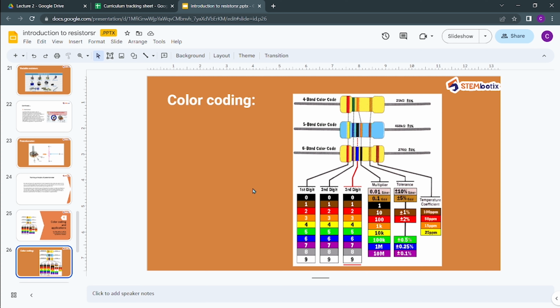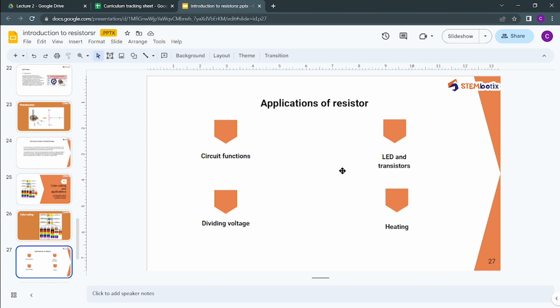So write down the particular number over here, then multiply by this, and you will add this tolerance to the previously calculated digits, and this is how you will get the value of your unknown resistance.